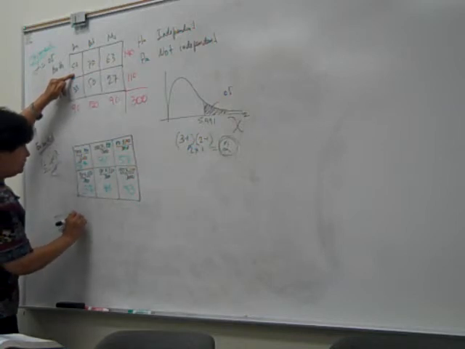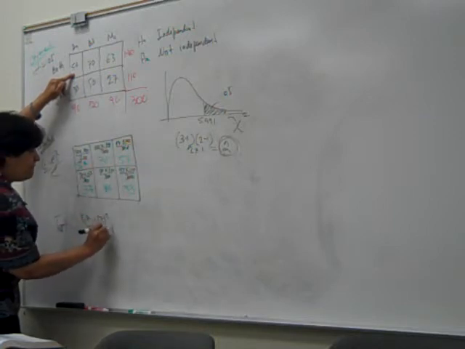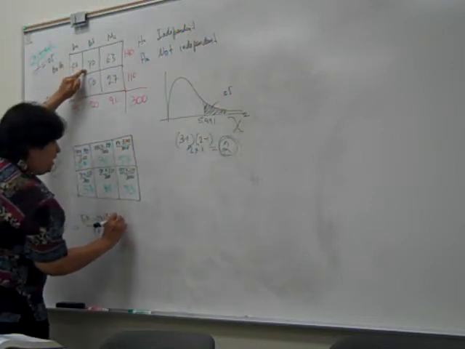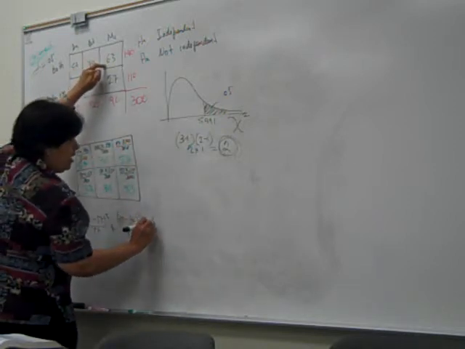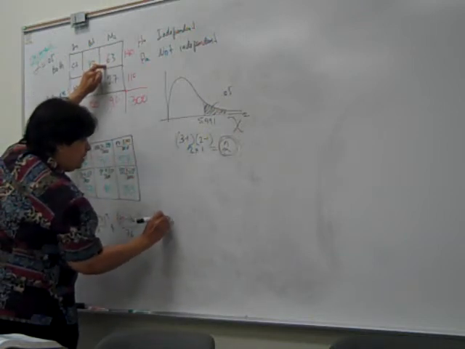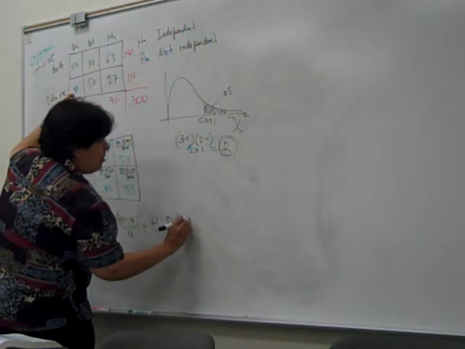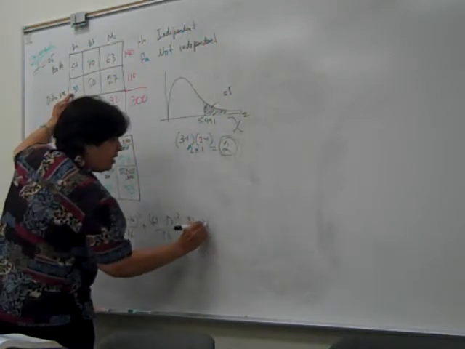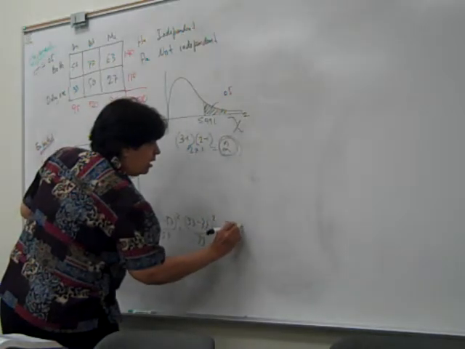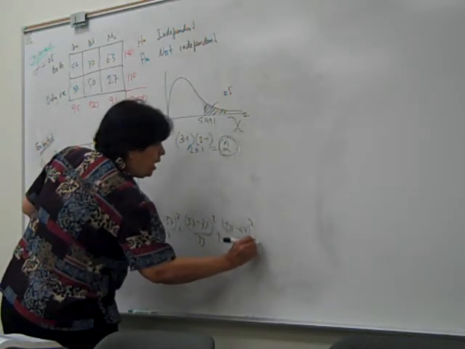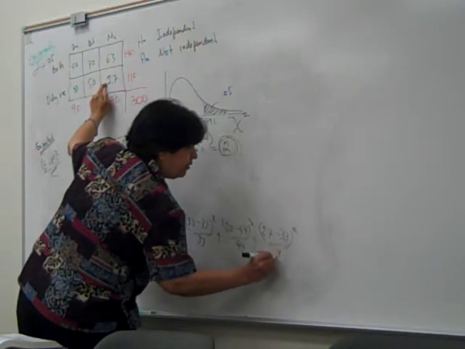Let me do this. 57 minus 57 squared divided by 57, plus the next one, 77 minus 76 squared divided by 76, plus 63 minus the expected 57 squared divided by 57, plus the following row, 33 minus this 33 squared over 33, plus 50 minus 44 squared divided by 44, plus the last one, 27 minus 33 squared divided by 33.